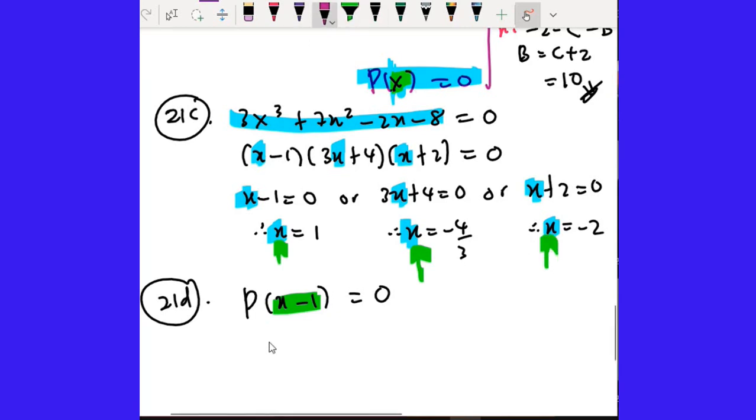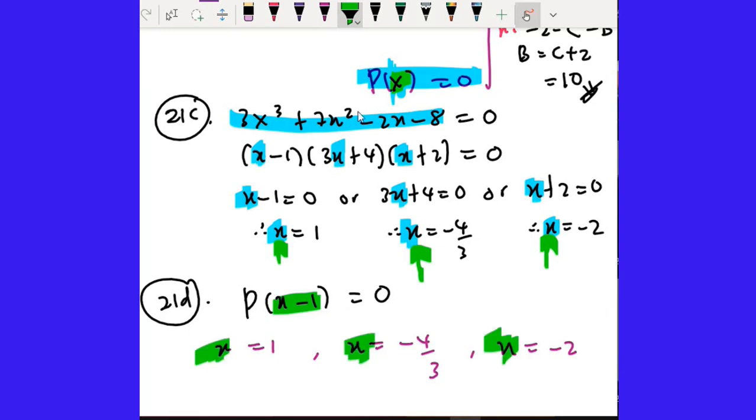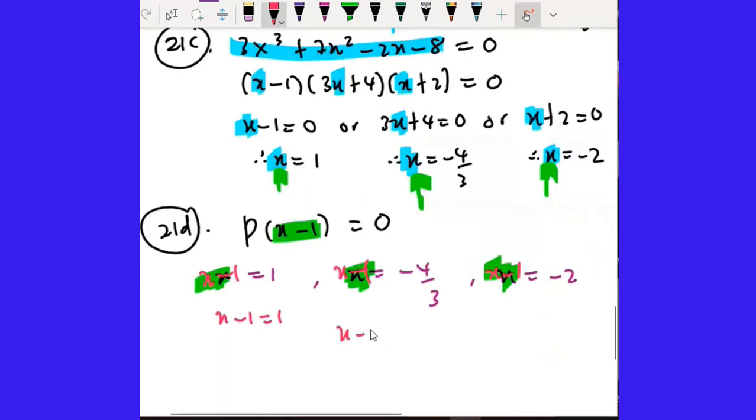Okay. X equals 1. X equals negative 4 over 3. X equals negative 2. Now the variable change to x minus 1. X minus 1 equals 1. X minus 1 equals negative 4 over 3.